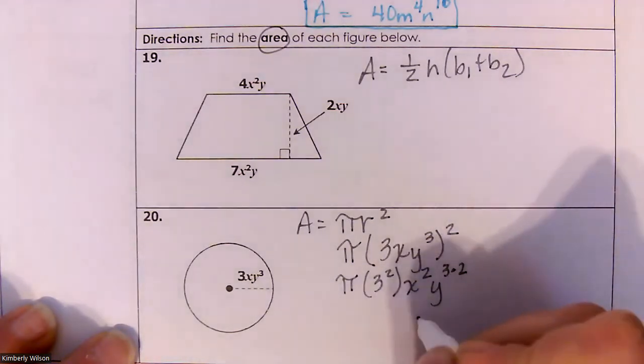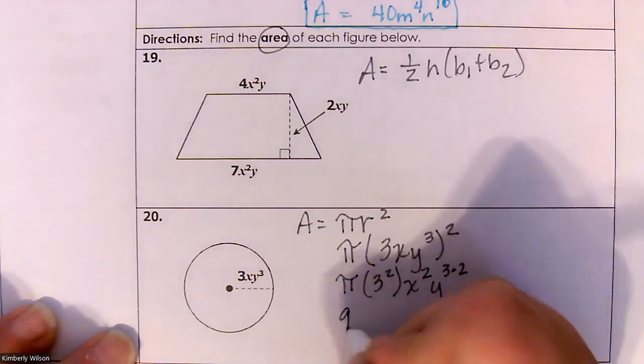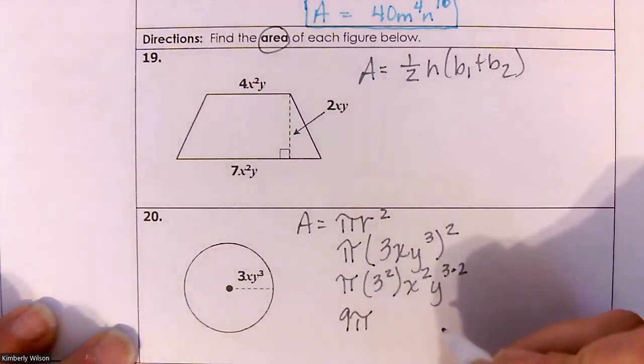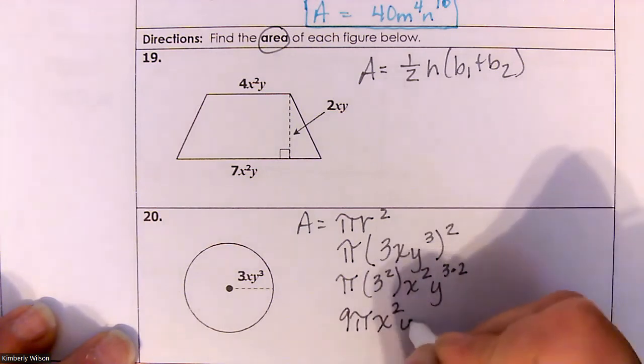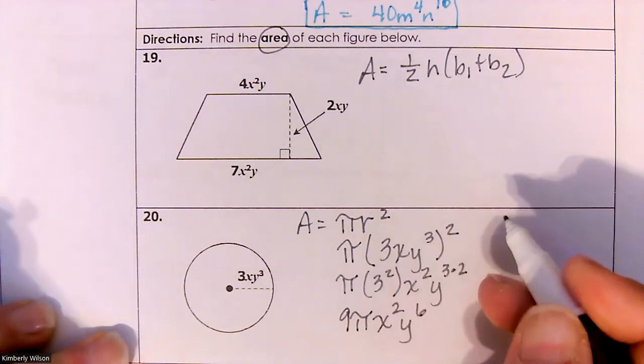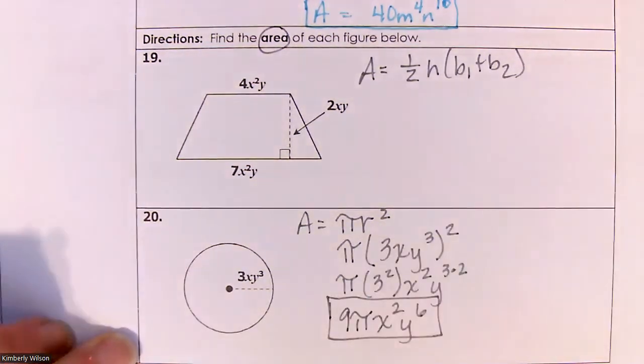So that's going to give me 3 squared is 9. You always write the number first. So it's going to be 9 pi, then the pi symbol, x squared y to the 6th. This is your final answer.